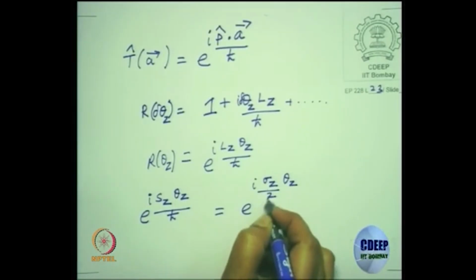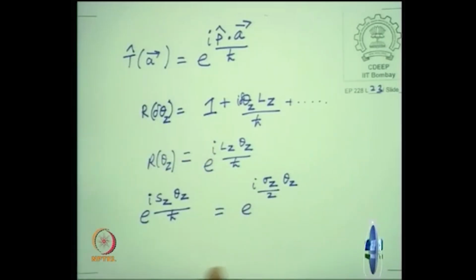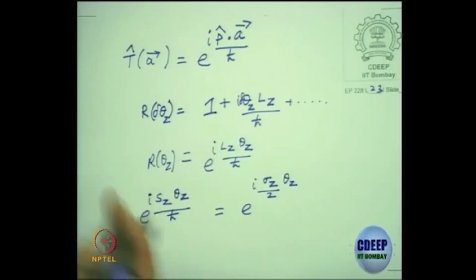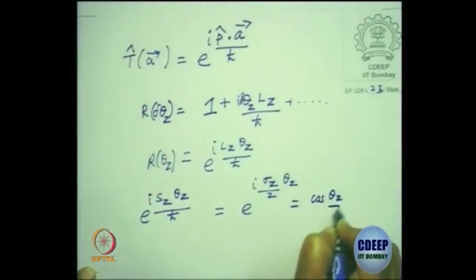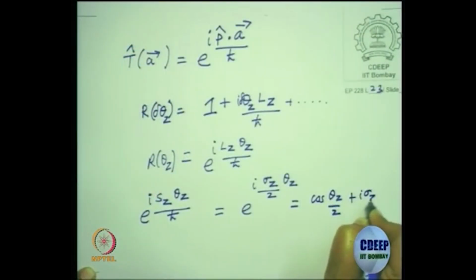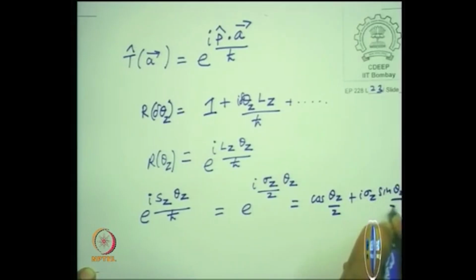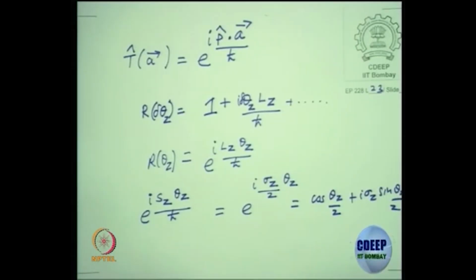The by 2 comes because of the explicit representation of the spin operator, or because the eigenvalues are plus or minus half h cross. That's why this comes. So if I want to write what this is, I have to write this as cos of theta z by 2 plus i sigma z sine of theta z by 2, because of this factor of two.